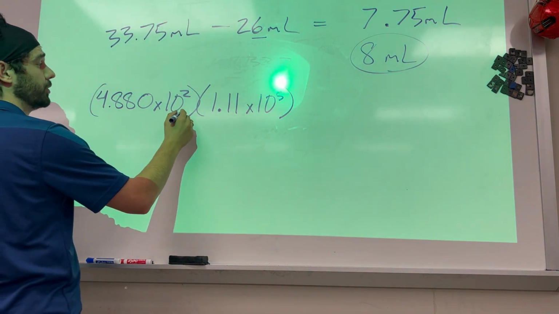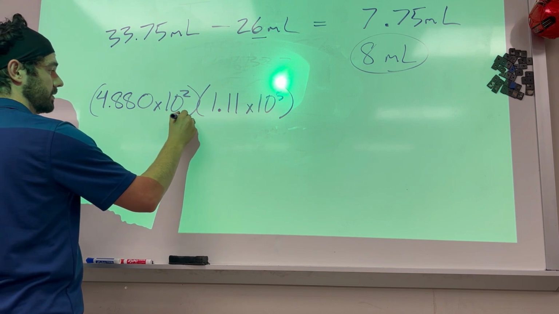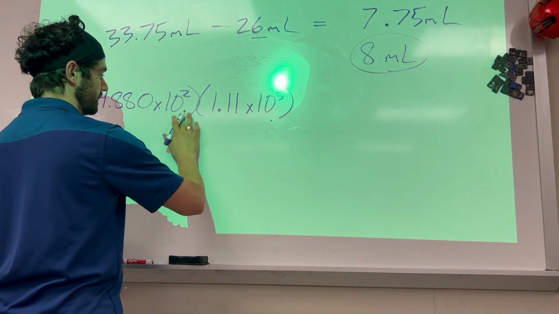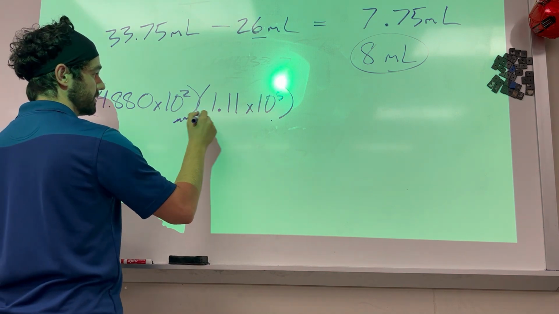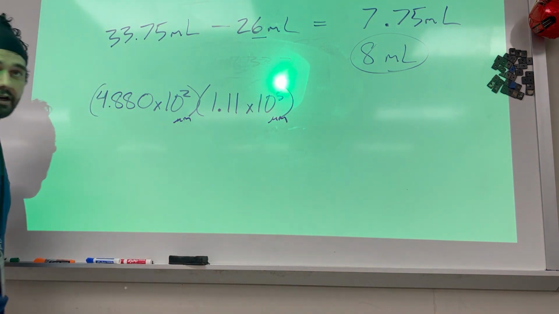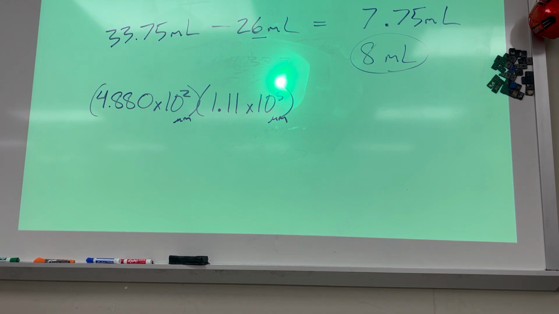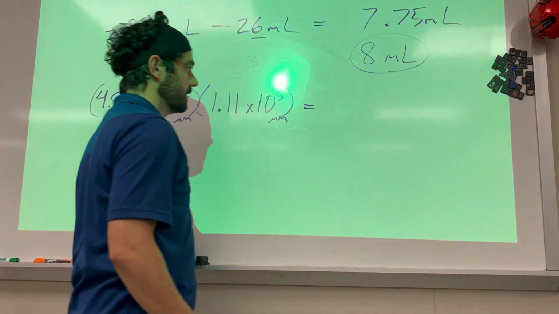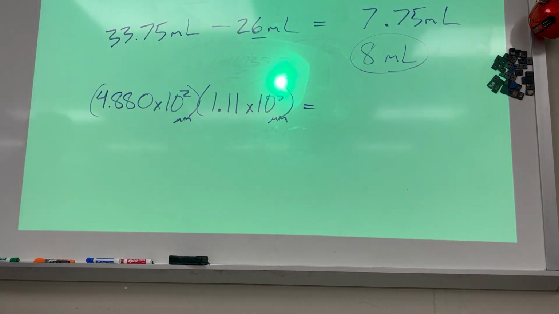I need a unit. Micrograms and micrometers and micrometers. We'll pretend it's another area. Can we do this in scientific notation? My calculator tells me what?